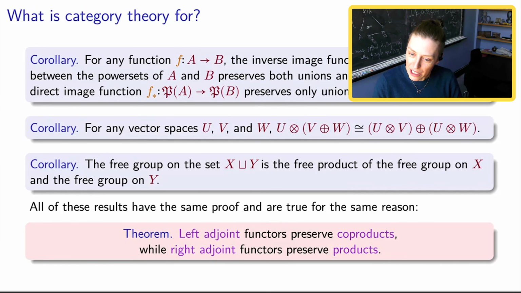It introduces a more abstract language that helps us isolate the core structure that is in common between these disparate results, and allows us to give one unified proof that explains everything.